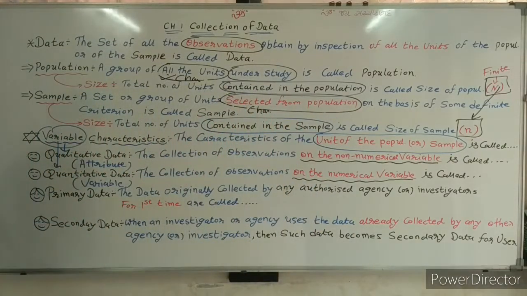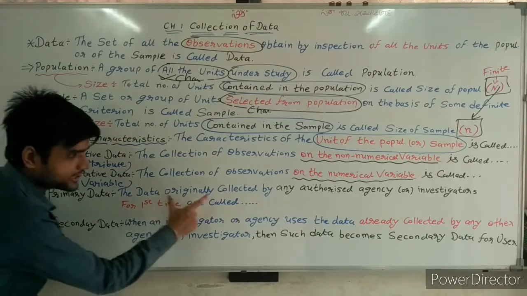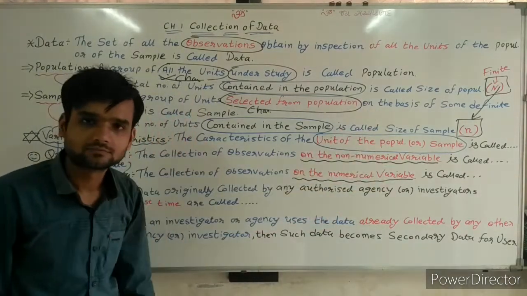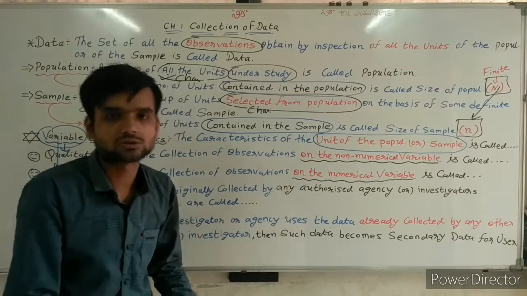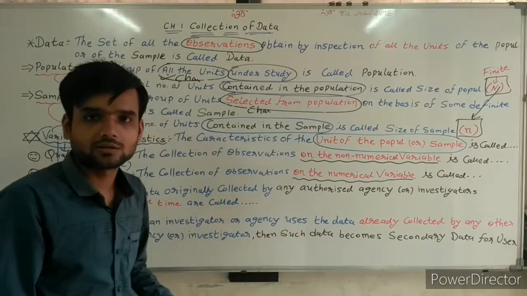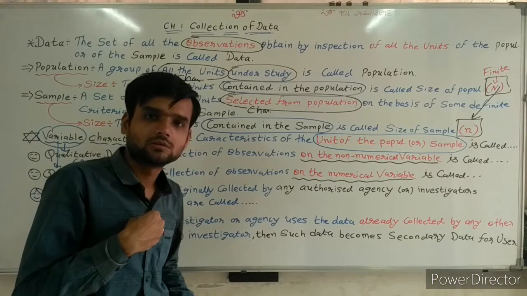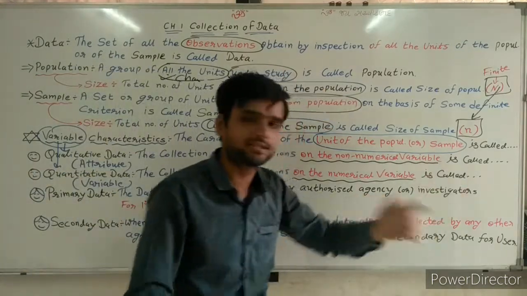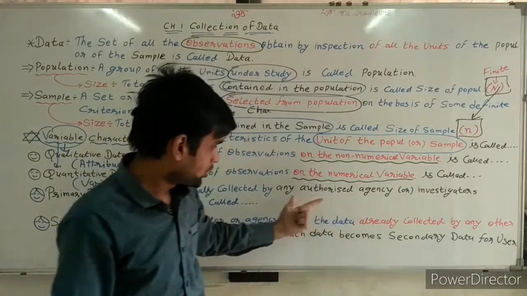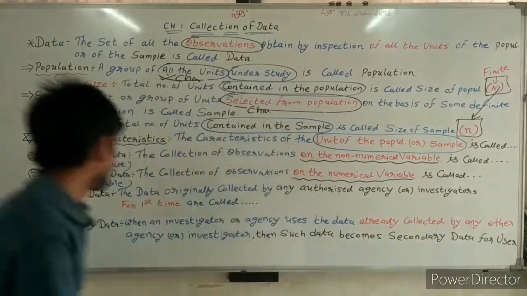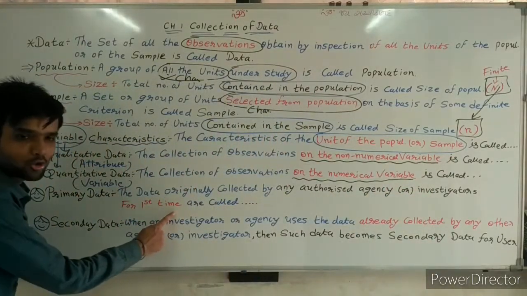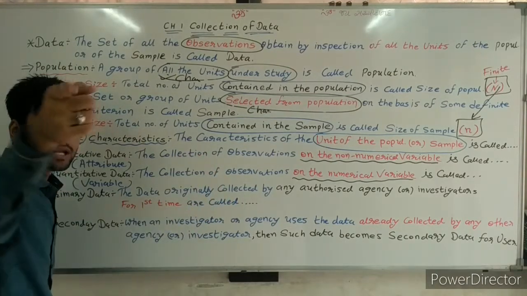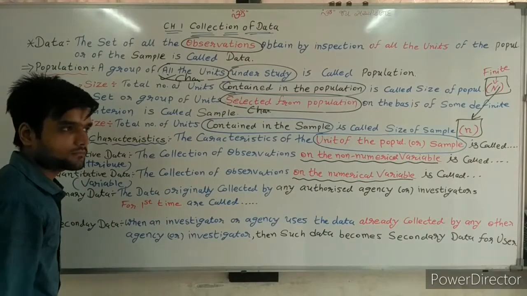So primary data, the data originally collected by any authorized agency. There may be agency also, because somewhat collections are done, which is not possible by me only. I have to hire agencies. So collected by that agencies or investigator himself. So any authorized agency or investigators for first time, most important things are first time, are called primary data.